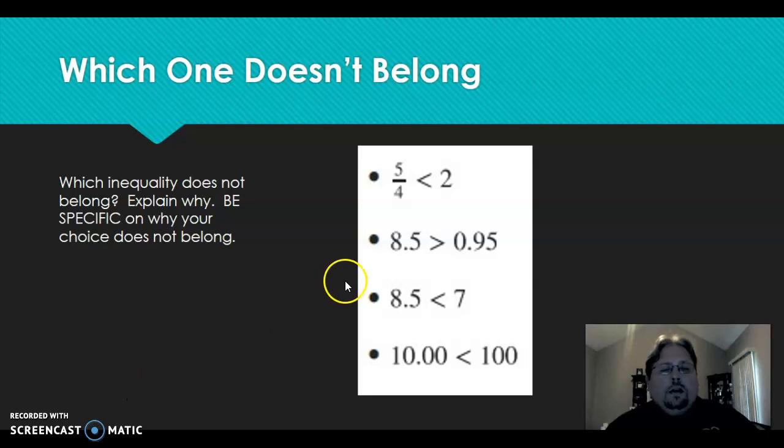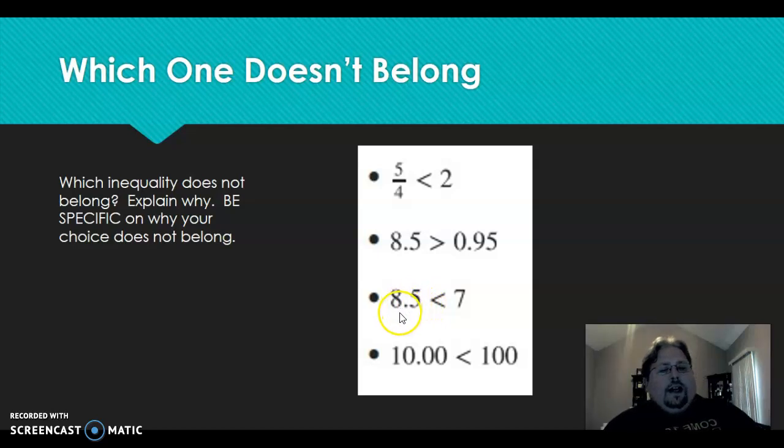For the second one, it has 8.5 is greater than 0.95. This is one that has decimals on both sides and 2 decimal places on the right. No other one has decimals on both sides with 2 decimal places on one of those sides.